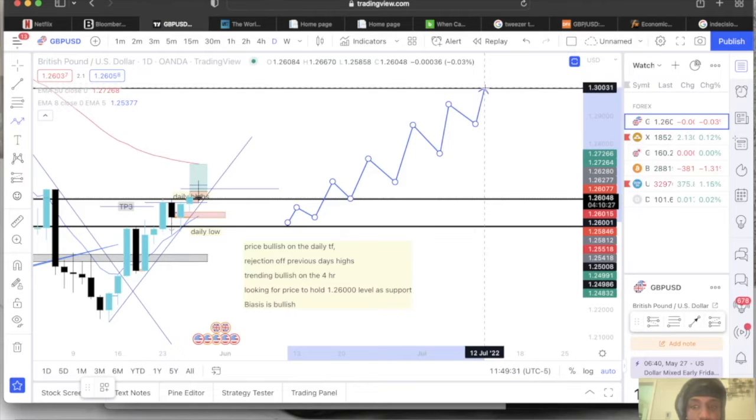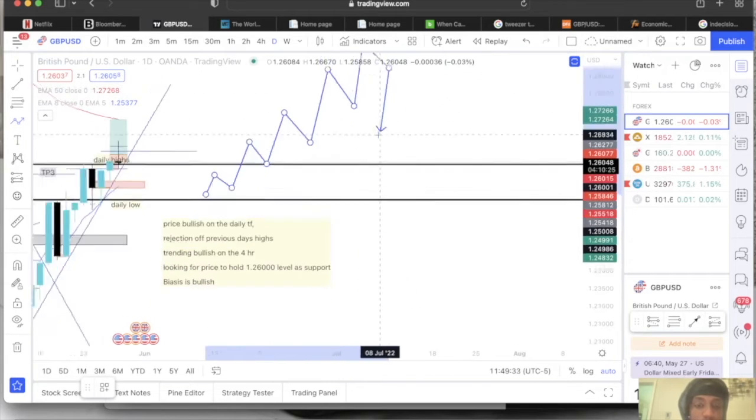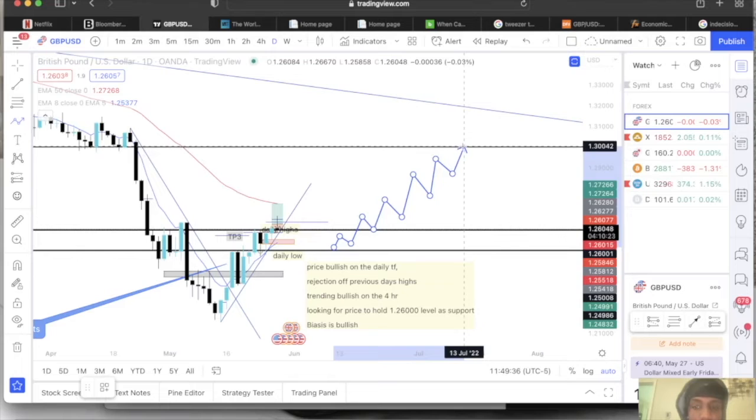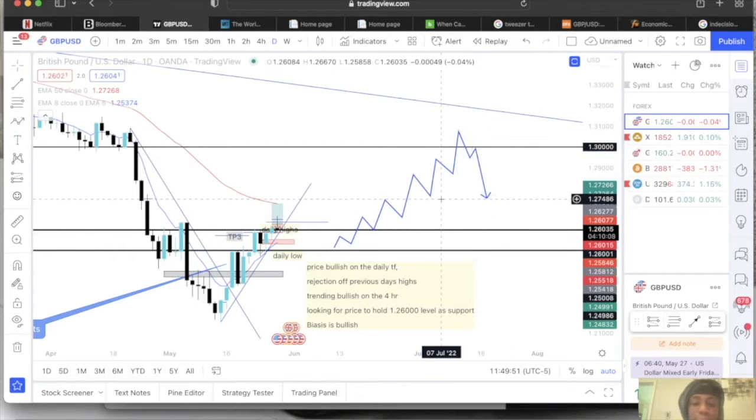Then when price comes to resistance, you have to take out your profits, because price might hit resistance, look like it's about to break out, then actually fake out, then trend downwards. So that's the market.